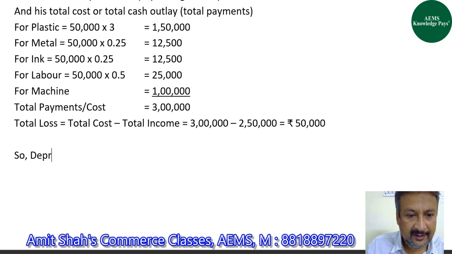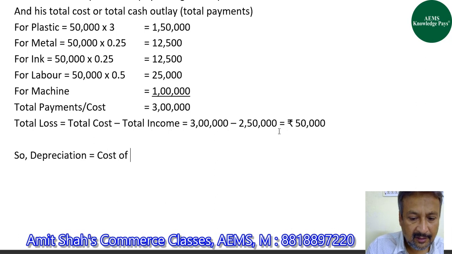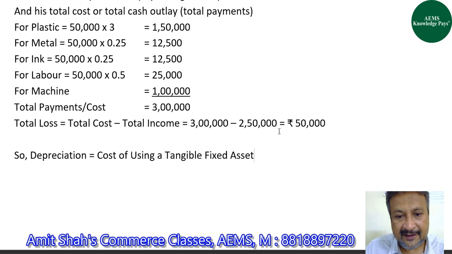So, guys, depreciation is cost of using a fixed asset or a tangible fixed asset, because we have intangibles also. We are not talking about intangible fixed assets as of now.